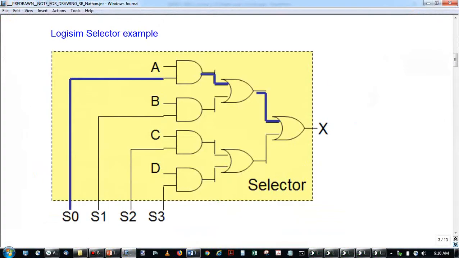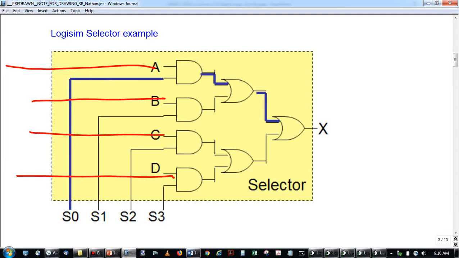So there's an example here, and what we're saying is, look, we've got some input coming in here, here, here, and here. I don't really care what that input is. The input can be a 0 or a 1, yeah, for any of these. The only way that one of these guys will let something through is if, let's say, S2 goes to a 1 and these other ones are zeros. What happens to here? You get a 1 coming in here.